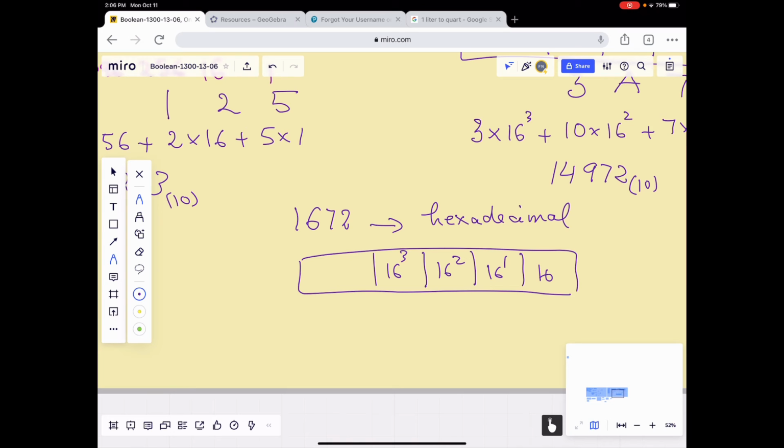And in this case, you choose 16 to the power of 2, which is 256.